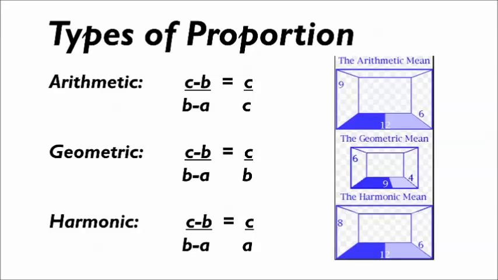So if we break it down mathematically, there's the arithmetic mean, the geometric mean, and the harmonic mean. Now, what that says is in the first kind of theory, that rooms with flat ceilings should be equal to their width, the height of rooms of flat ceilings.